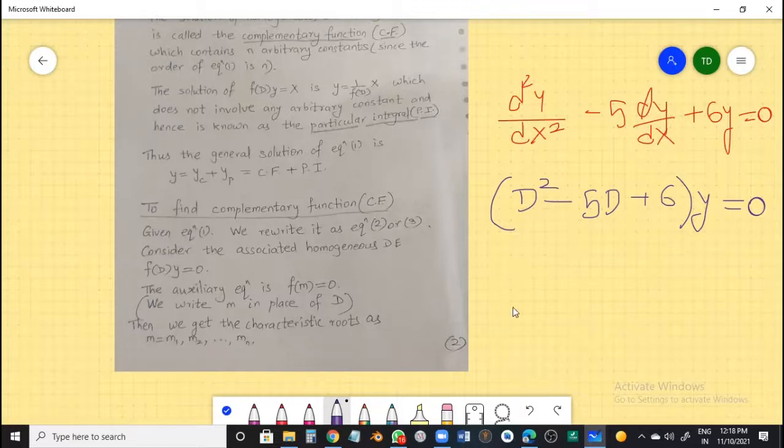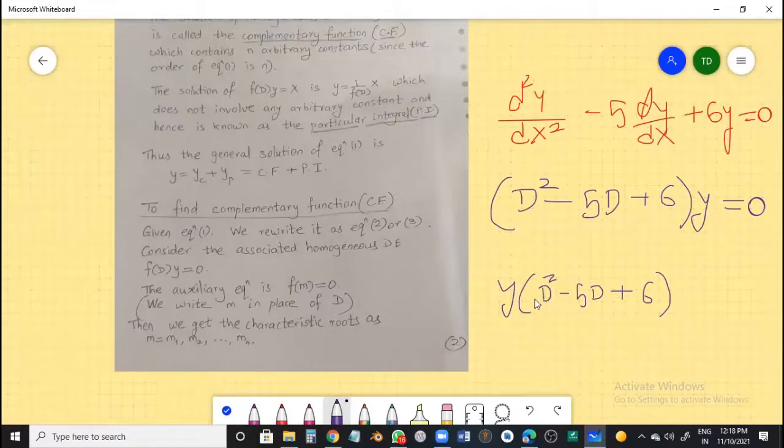So can I write this as y multiplied by D square minus 5D plus 6? Can I do so? Can I replace the upper one by this lower one? No. Why?